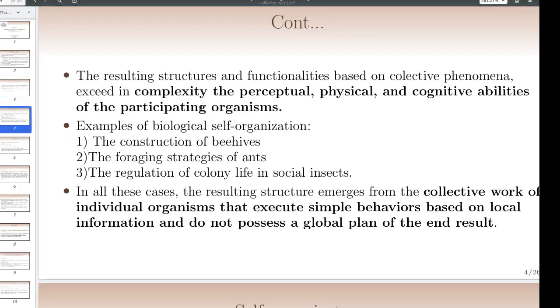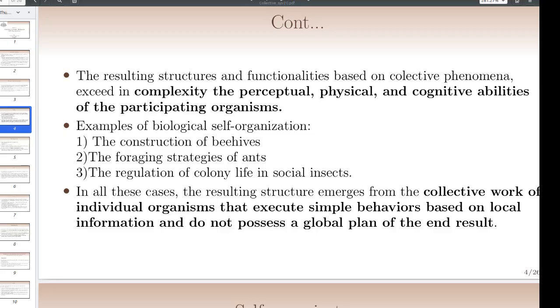The resulting structures or the functionalities based on the collective phenomena exceed in complexity the perceptual, physical and cognitive abilities of the participating organisms. Examples of biological self-organization are the construction of beehives, the foraging strategies of ants, and the regulation of colony life in social insects like ants.